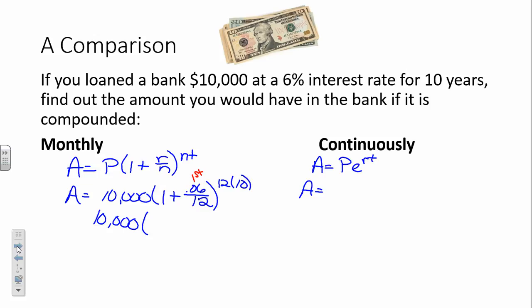And then add 1. And then hopefully you can do this mentally, right? 120, right? So whatever you get here, you're raising to the 120th power. And then lastly, you're going to multiply by 10,000.